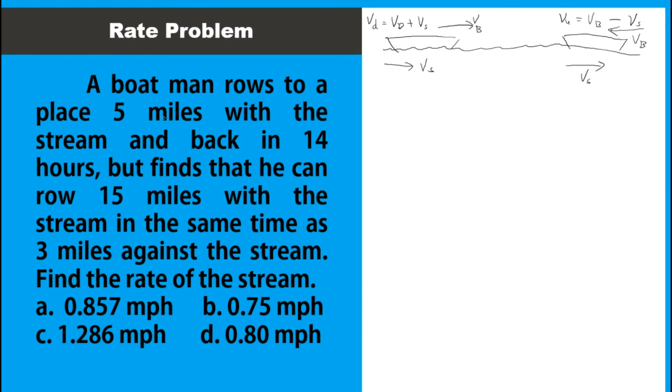So using the first condition, a boatman rows to a place 5 miles with the stream and back in 14 hours. It means that the time it takes to travel downstream plus the time it takes to travel upstream, that is going back, is equal to 14 hours.